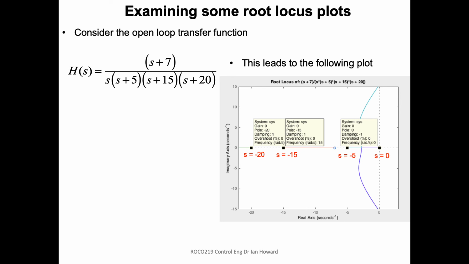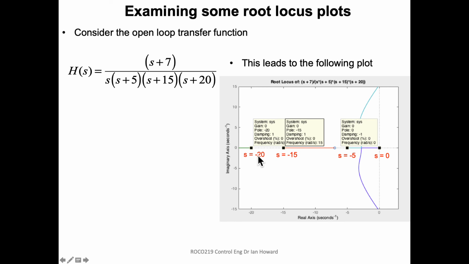First of all, what we can see is, like I said, when the gain is 0, we end up with the poles being the poles of the feedforward function. So it's going to be when s is 0, that's there, when s is -5, that's there, when s is -15, that's there, and when s is -20, that's there.